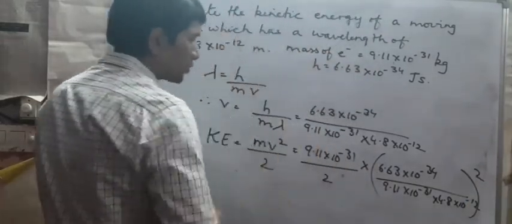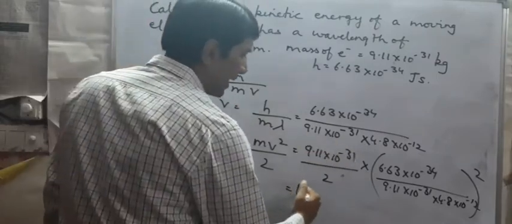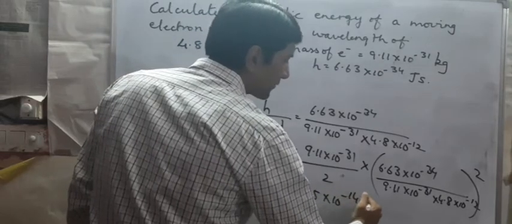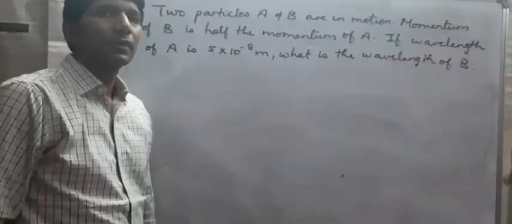So once you solve the entire formula, your final answer should come as 1.05 into 10 raised to power minus 14 joules. Okay, so this is how you solve the question.